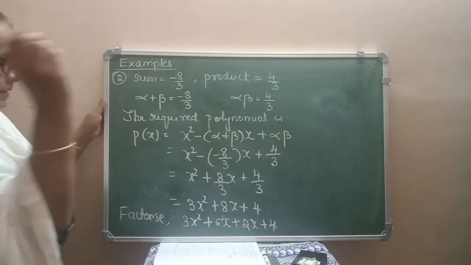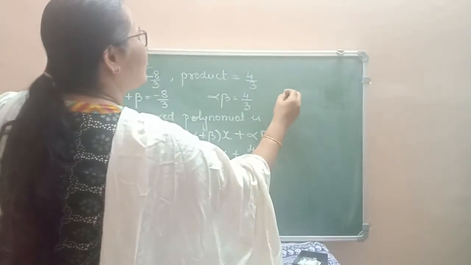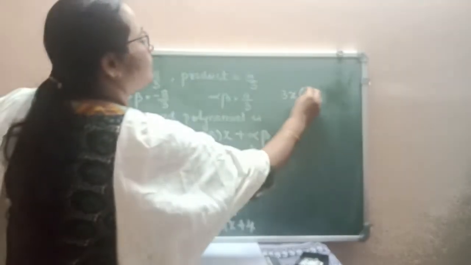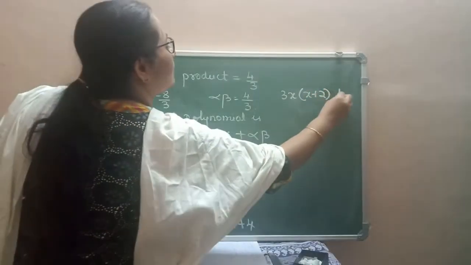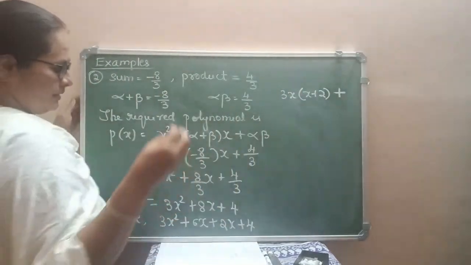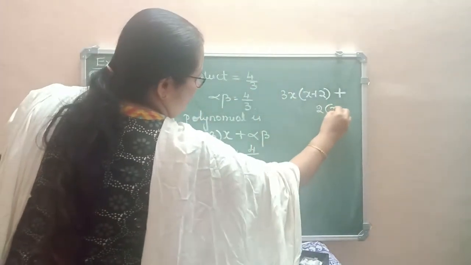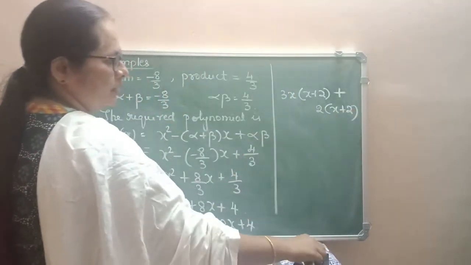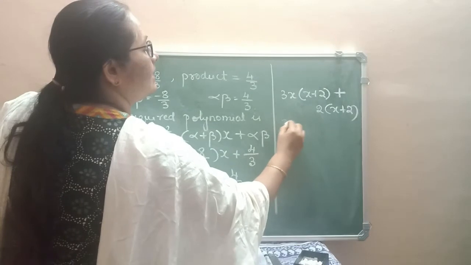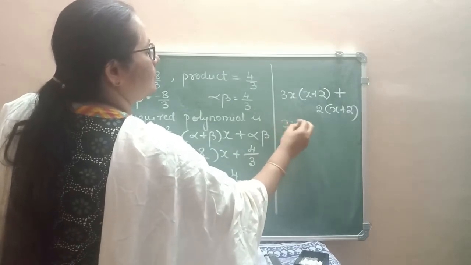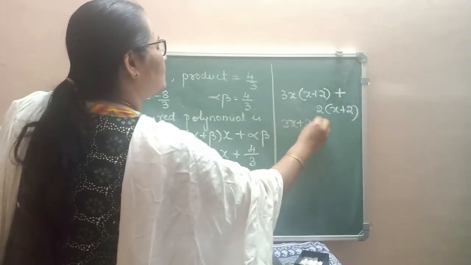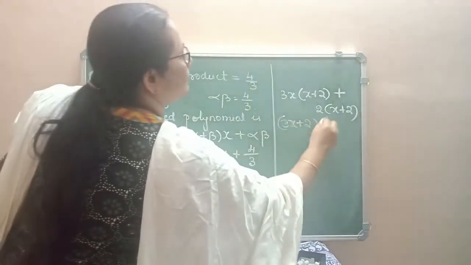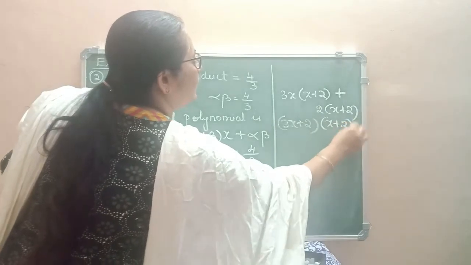Now take the common one, 3x into x plus 2, plus, here 2 is common, x plus 2. So the factors are 3x plus 2 and x plus 2, the two factors.